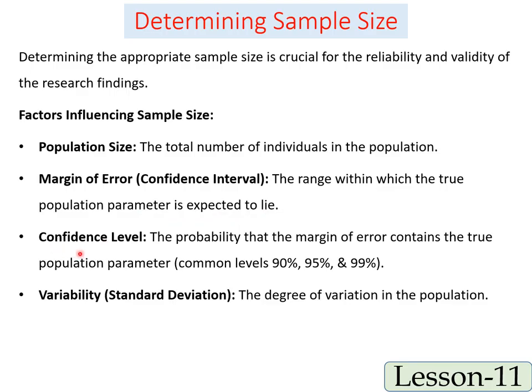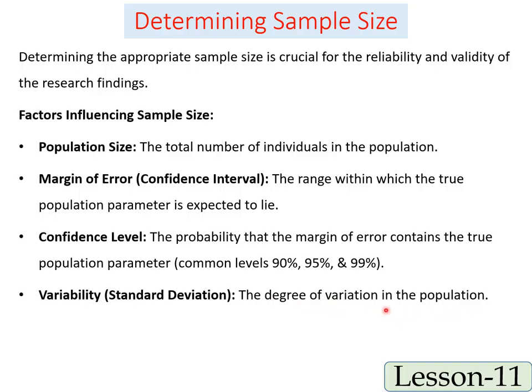And the other is the confidence level, the probability that the margin of error contains the true population parameter. The common confidence levels are 90%, 95%, and 99%. The higher the confidence level, the higher the sample size will be. And the variability or the standard deviation of the population is the degree of variation in the population.